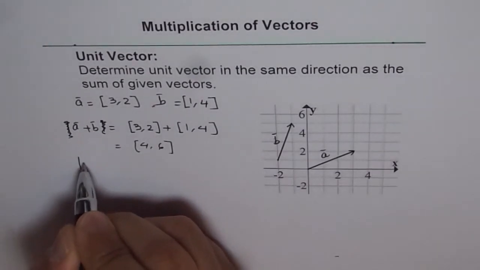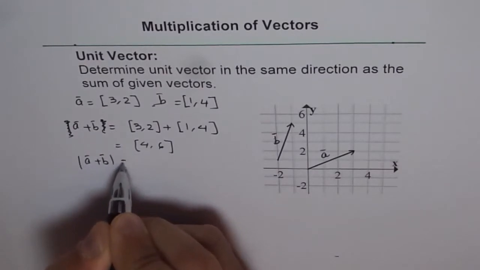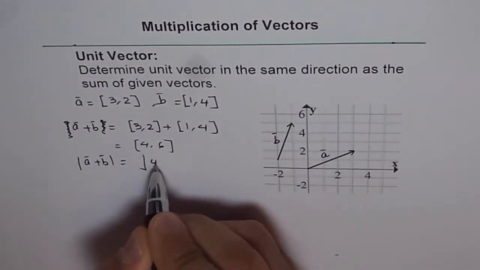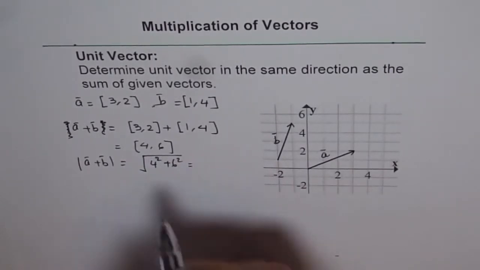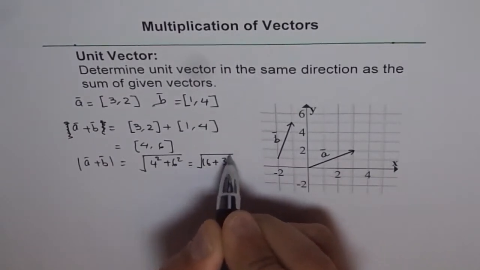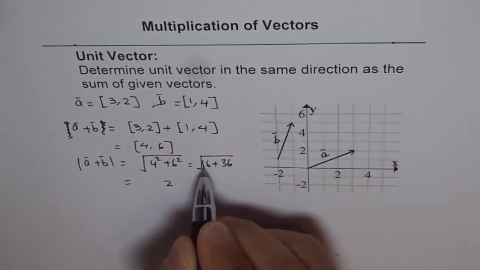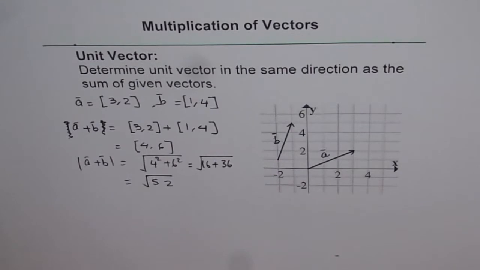Now what is the magnitude of this vector? When we write these absolute bars, we are writing the magnitude, which is the square root of a squared plus b squared. This is the square root of 4 squared plus 6 squared, and 4 squared is 16 plus 36, so we get the square root of 52.